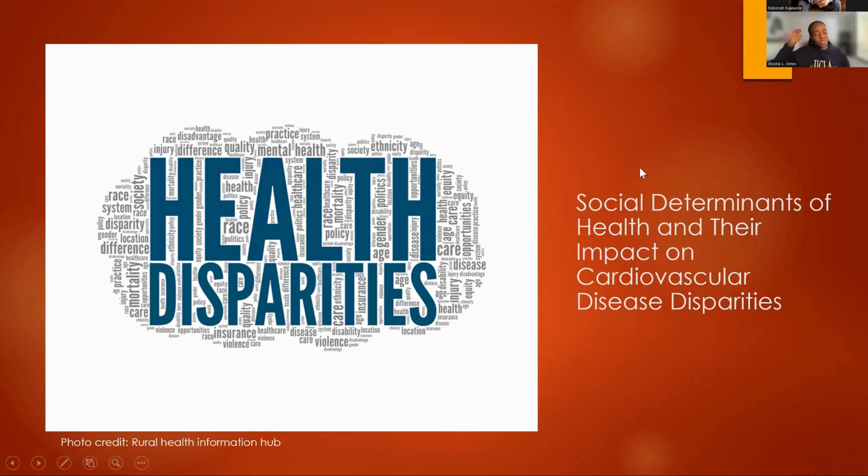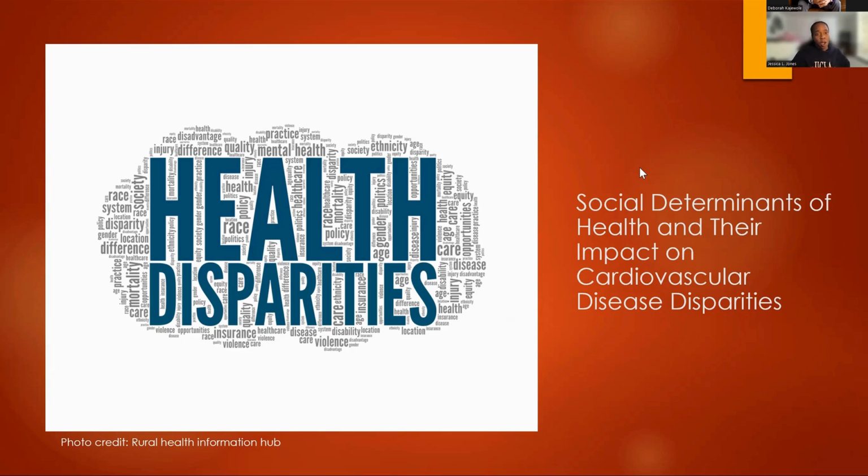Thank you, Jude. Thank you for that presentation and helping us to understand the science behind heart disease. We do know that heart disease is the number one killer in the United States for everyone overall. But unfortunately, people of color, specifically Black and African American people, have the highest rates of death from heart disease.